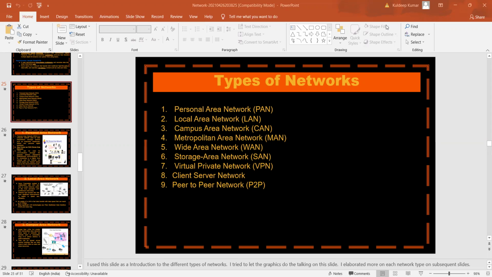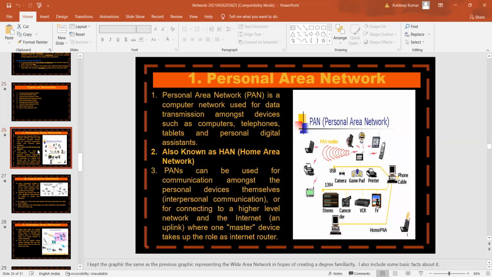Now look at personal area network. Personal area network is a network within a home. Its range is 33 feet to 10 meters. Personal area network is a computer network used for transmission among devices such as computers, telephones, tablets, and a personal digital assistant.